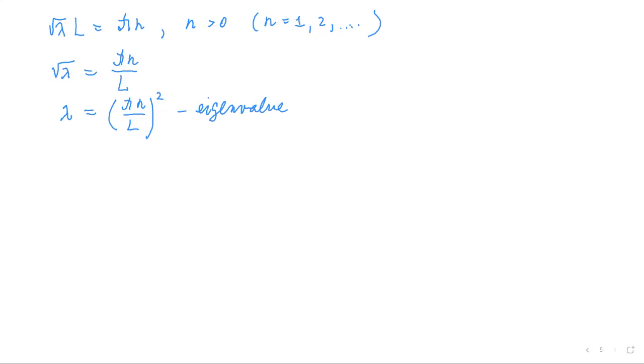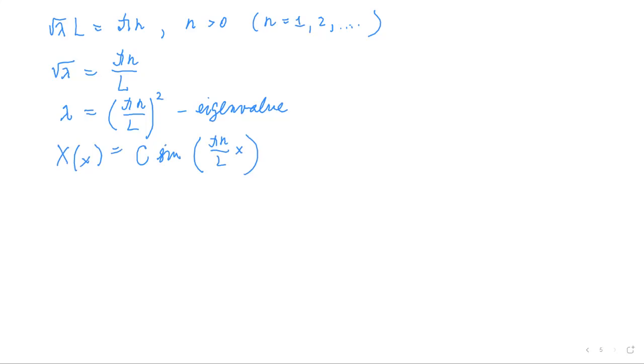I'm going to write down that x of little x is equal to a constant times sine of pi n over L x, which is supposed to be square root of lambda, right? And actually here we have not just one solution, we have infinitely many of them. So you set n equals 1, you have one solution, n equals 2, another solution. And the constant here is undefined too, it can be any constant. So far undefined. Remember that we did not use all our boundary conditions and initial conditions.